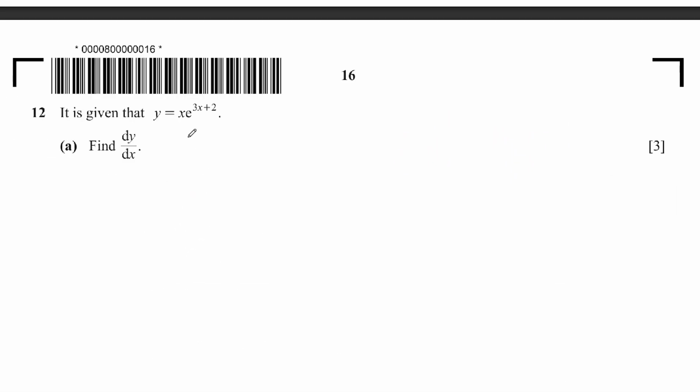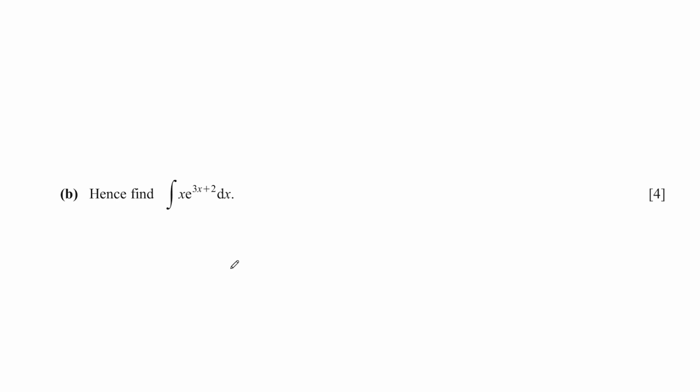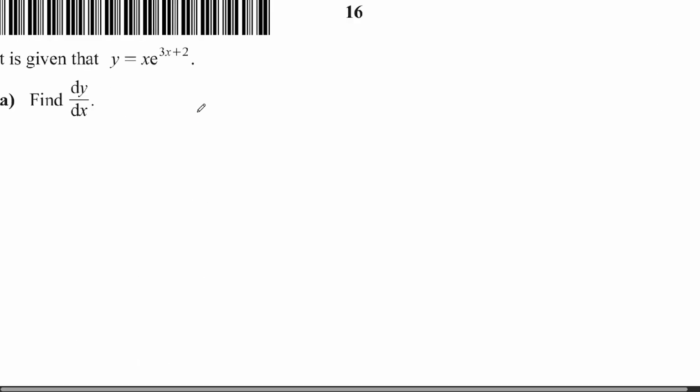I think last question. Okay, it's a differentiation question together with a reverse differentiation question. For this type, we have a product of two functions, so x and an exponential. So let's do the differentiation. First, maybe we leave x and we differentiate the exponential.